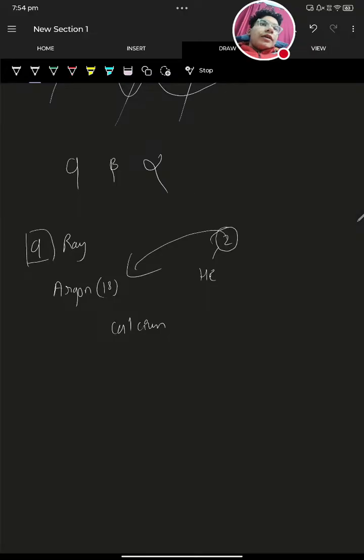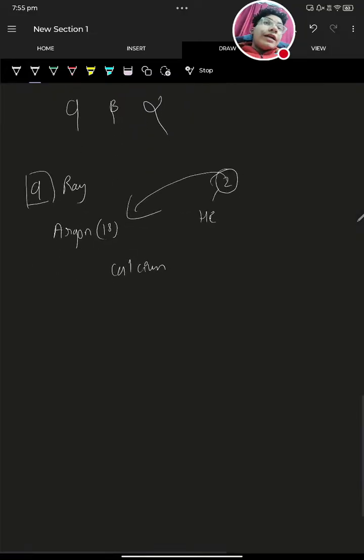So alpha ray has the ability to change the proton number. In the sense of proton number, you are changing the basic element too. So that's alpha ray, and these have very high ionic power and very low penetration power.